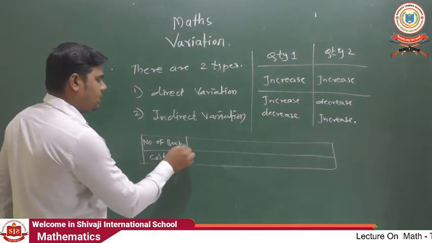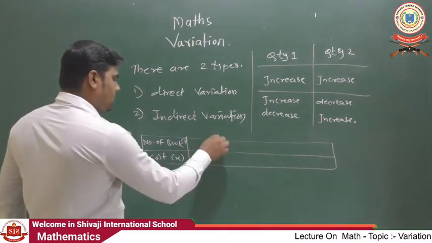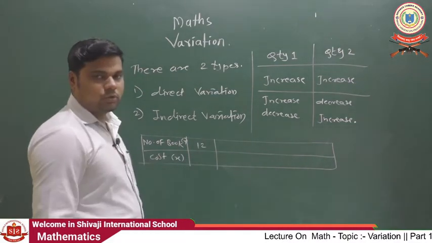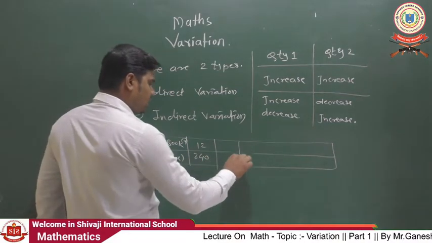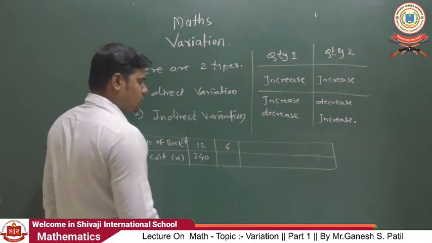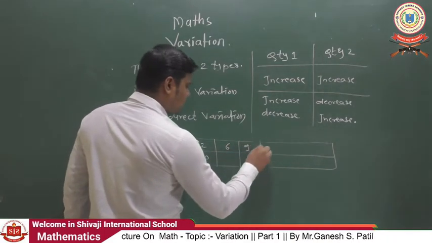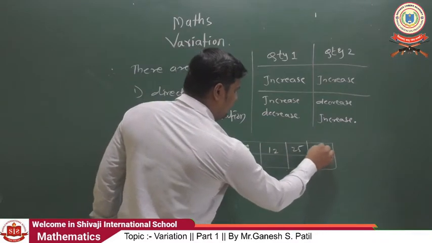Suppose cost in X rupees and number of books in Y. Means see, some books, then their cost is 240. Suppose here 6 books. What is the cost? 9, 12, 25 and 50.